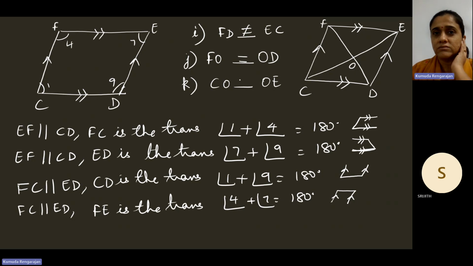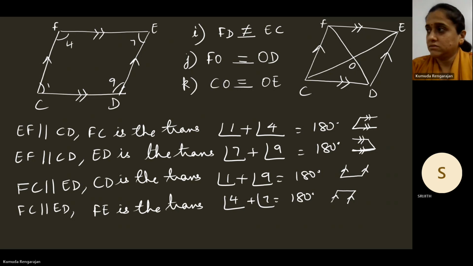And the next one? Yeah, so how do you explain that in words? These equalities, how do you explain in words? Diagonals bisect each other. That's the meaning.